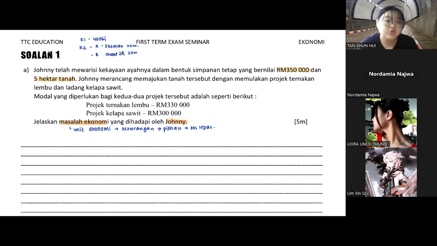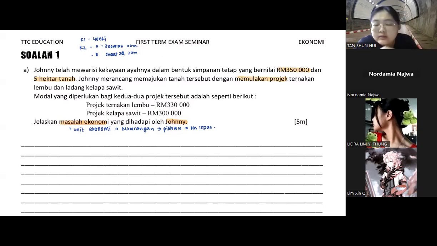And they said Johnny merancang memajukan tanah. So they want to develop the land. Very obvious, from now on Johnny is not an isi rumah already, because they want to memulakan projek. They want to start up a business. This is the first thing that tells you Johnny is not an isi rumah.